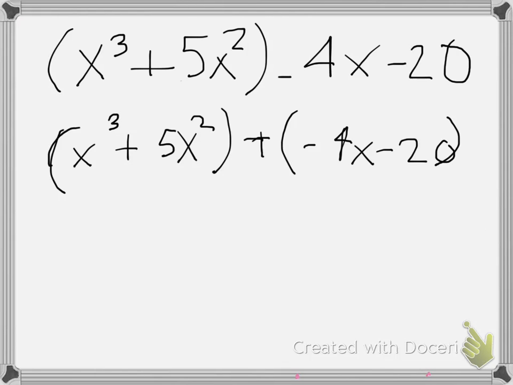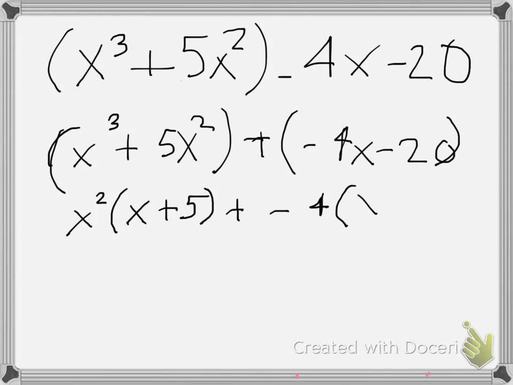Now the common monomial is x squared, and then it leaves us with x plus 5, plus negative 4 times the parentheses x plus 5.